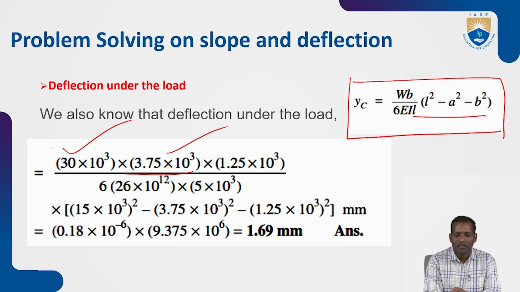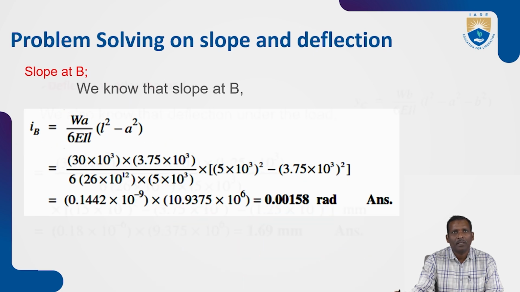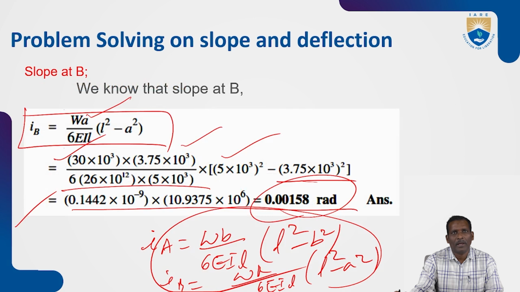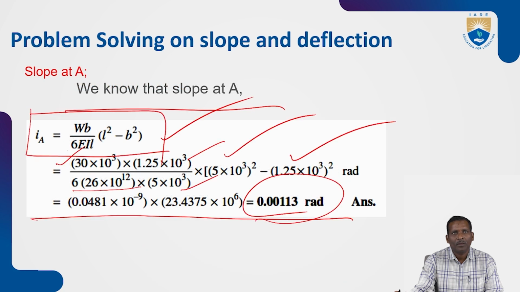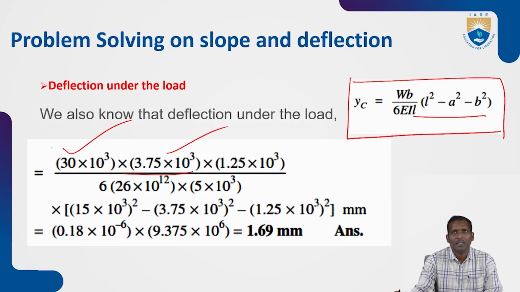W is 30 kilonewtons converted into newtons, 30 into 10 cube, and the A value is 3.75 and the B value is 1.25.